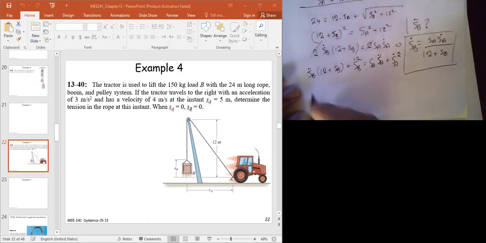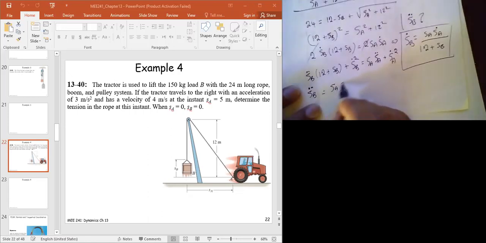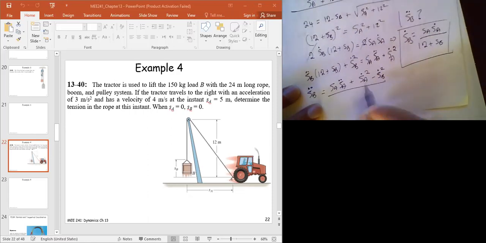So SB double dot is going to be equal to SA double dot plus SA prime squared minus SB prime squared, the whole thing divided by 12 plus SB.